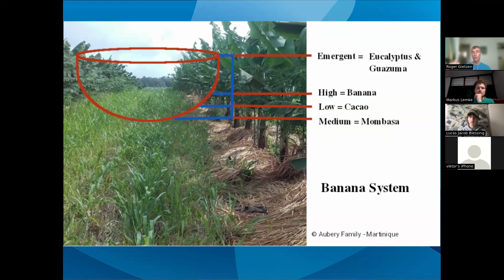Then the next member is low, it's cacao. Below that you have Mombasa, which is medium. So it's not the correct vertical orientation or the ratio we talked about, but you can see it still works. It's creating this open space, right?